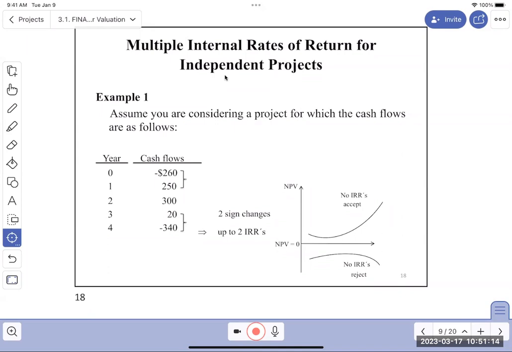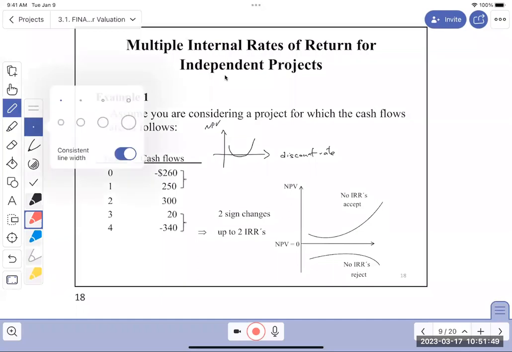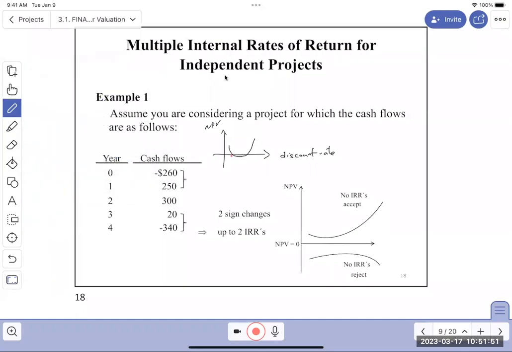So in terms of the NPV profile, let's do this again. Okay, so this is the NPV. This is the discount rate. And there you go. If it's a polynomial going up, it'll cross twice. So that's why we say up to.